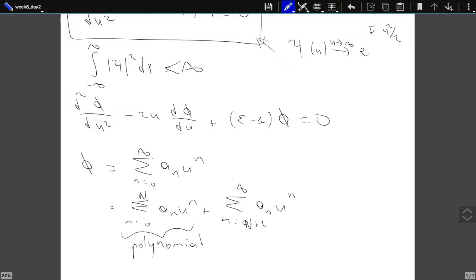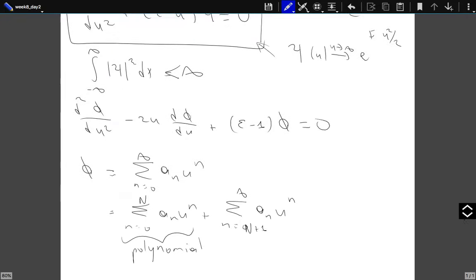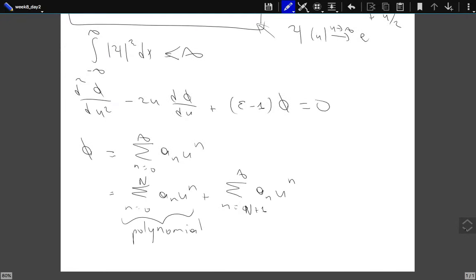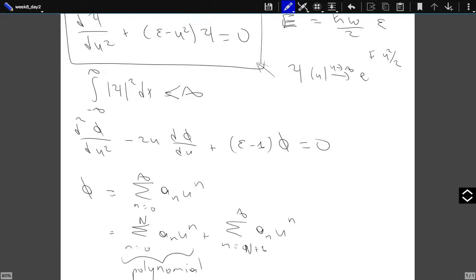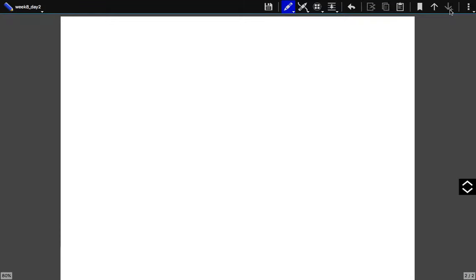It will be important for me in a moment. The other one goes to infinity. That's why it's not a polynomial. A polynomial only has a finite number of terms. So the other one is not a polynomial. Now the polynomial is nice because, okay, it diverges as u goes to infinity, but only polynomially. It doesn't diverge faster than the exponential. So the first term is not a problem for us. The second term can be. That's what we need to make sure that it is not.